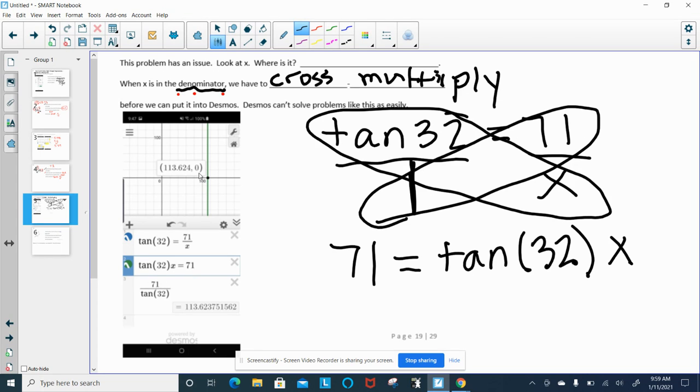And that's because x has the possibility of being 0. And anytime that happens, the calculators have a lot of trouble. So here's our answer, 113.6.